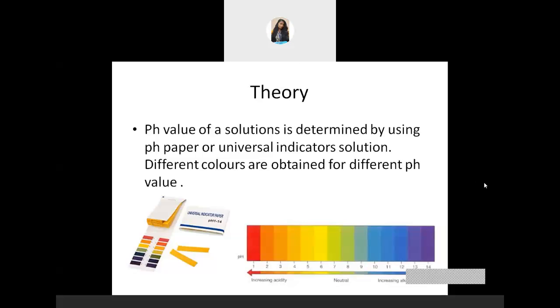Below 7, that means 0 to 7, it is acidic in nature. For a pH value of 7 to 14, the solution will be basic in nature, and at exactly 7, the pH paper will not change its color, and the solution will be neutral. Okay, so this was the theory of our experiment.